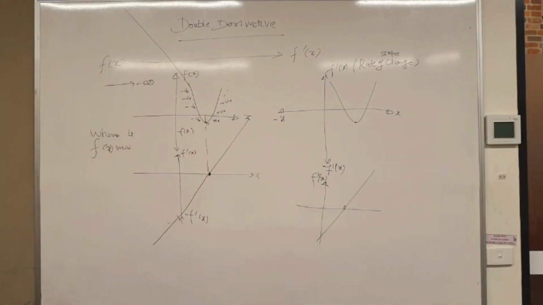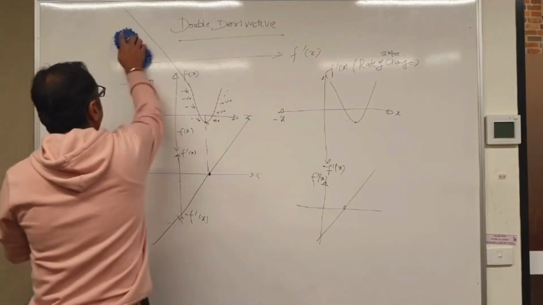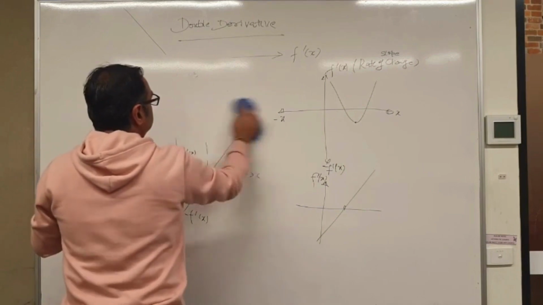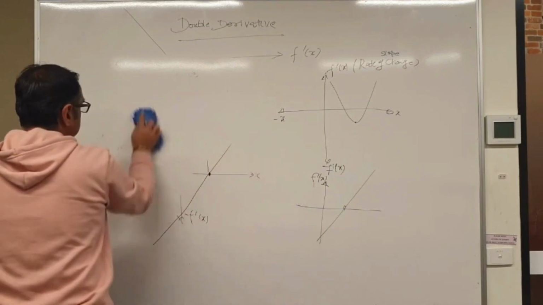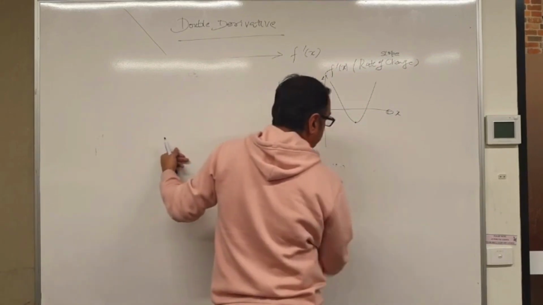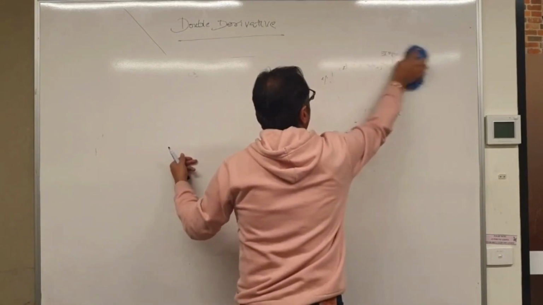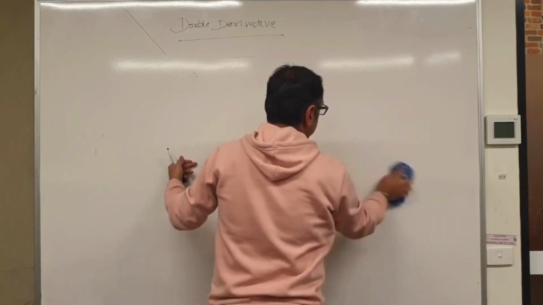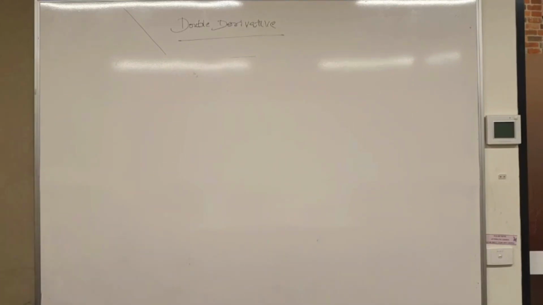So if I draw this again, I quickly draw this again to connect all the dots now. Let's say I had this cubic.